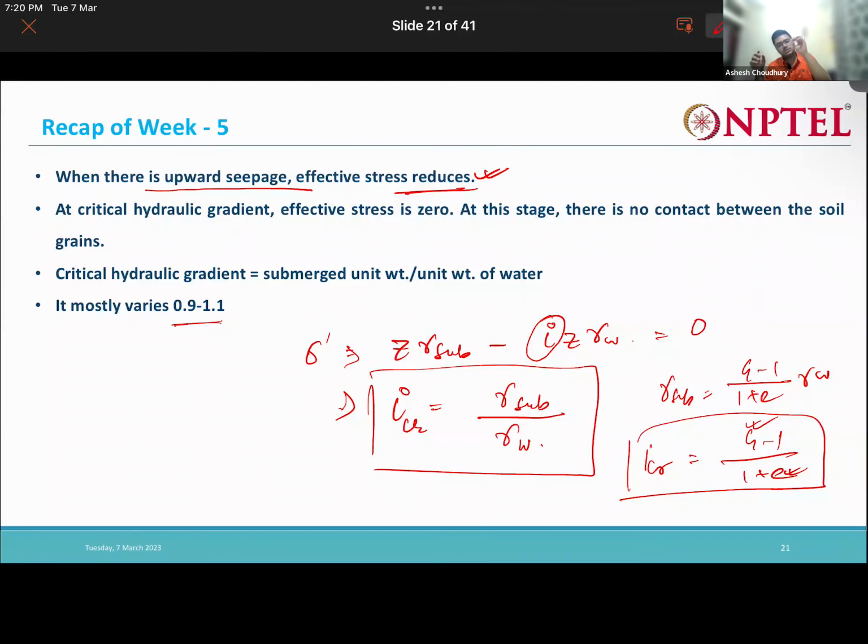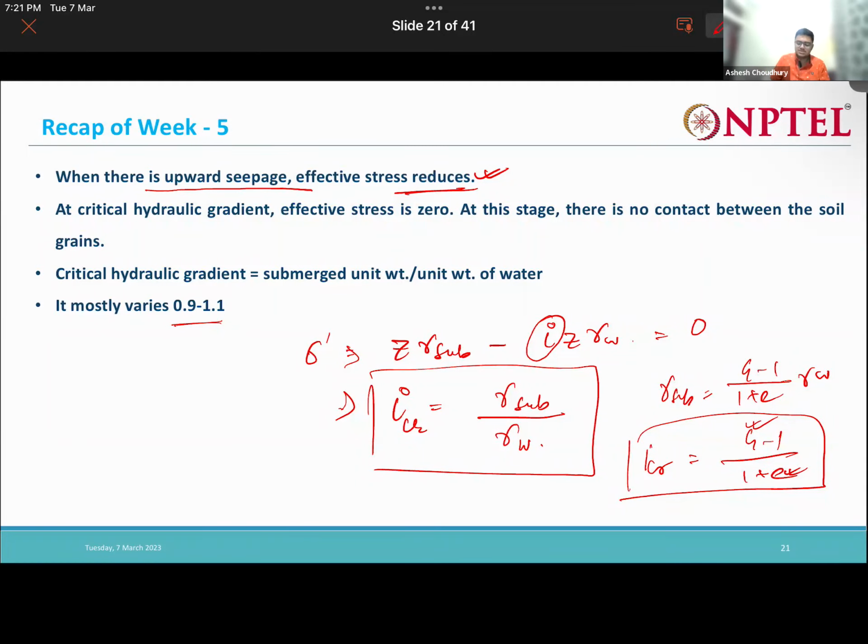The relation between the soil strength and the effective stress, we will study in the next chapter, shear strength. We will see that if effective stress becomes zero, then the shear strength of the soil is equal to zero. At that time it is the quick condition, because the soil has no more strength. So if you step over it, you will just get sucked into that soil. That is the quicksand condition.